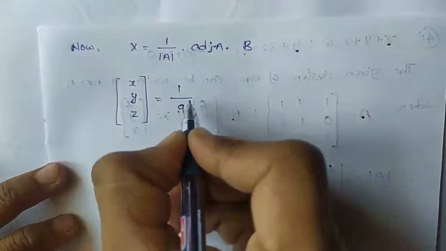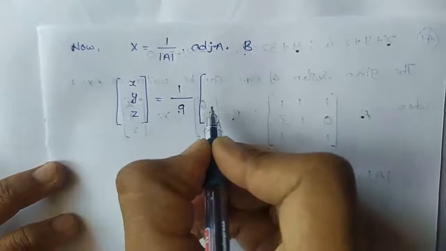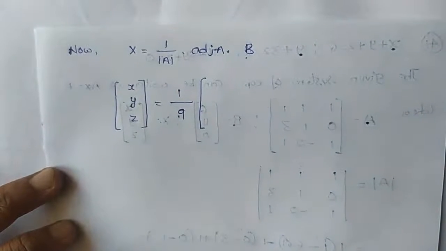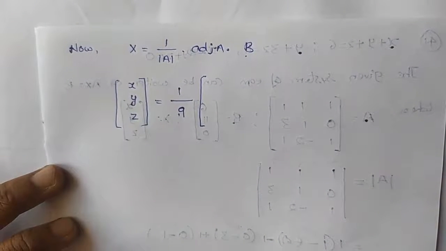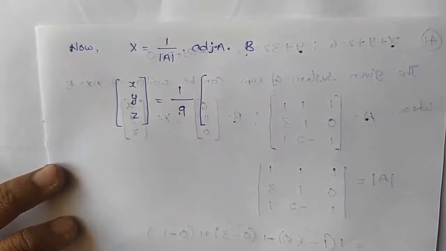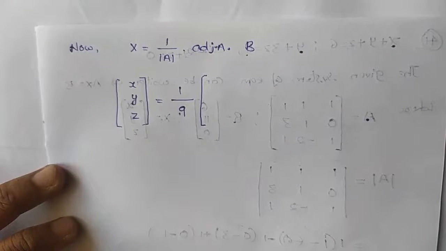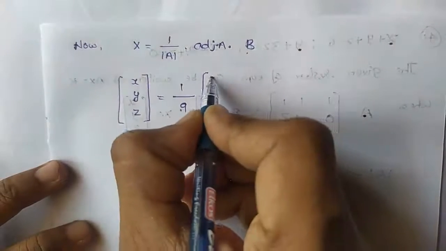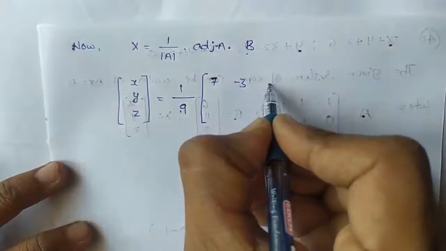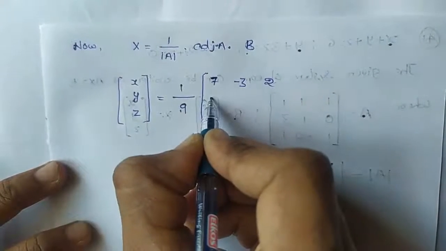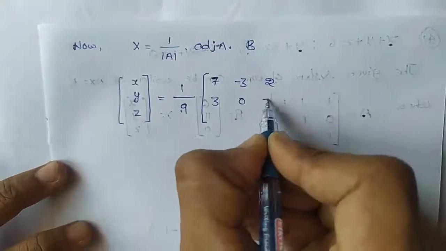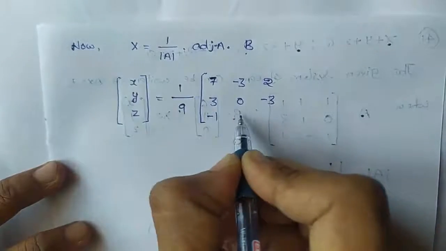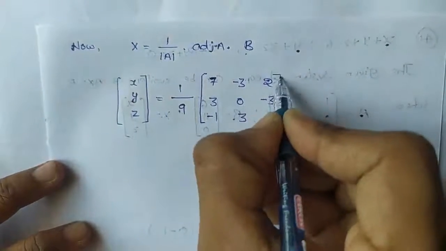We have 9. Next, adjoint A. In the previous step we found the adjoint A. Write that adjoint matrix 7, minus 3, 2, 3, 0, minus 3, minus 1, 3, plus 1.